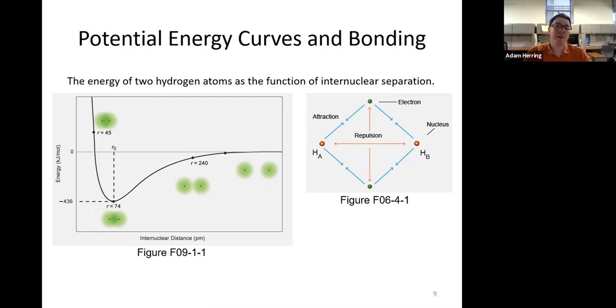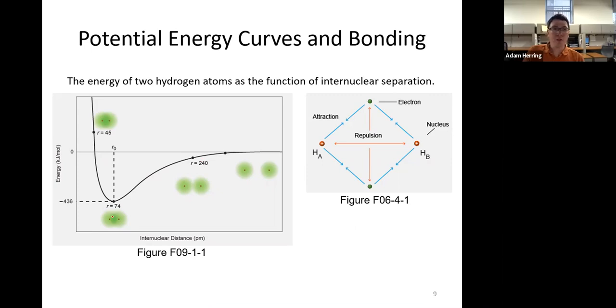And so what we can glean from these figures is that there is an ideal distance for the atoms to be separated from each other in order to maximize the attraction and minimize the repulsion.